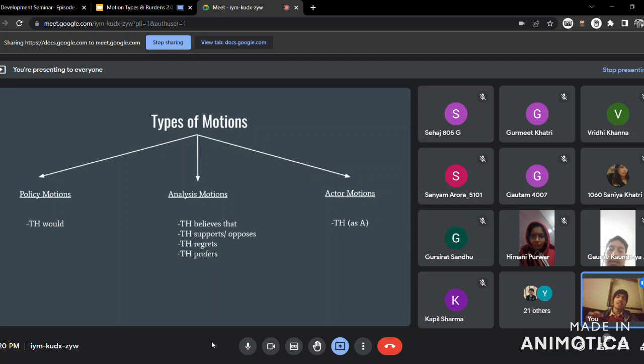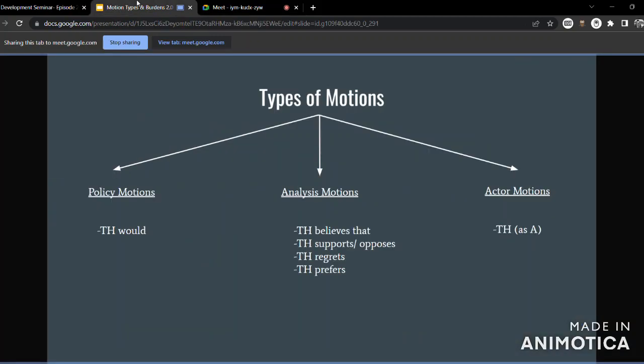Or as a country also, like this house as the US would invade Zimbabwe, or any kind of motion, right? So in these motions you don't debate from a neutral perspective, you debate as if you are that entity. So if the motion is this house as A will do X, you debate from the perspective of this actor A, what are its interests and what would be good for them and things like that. We'll get into all of these in detail from now on, in the further slides, but this was just an overview of the broad types of motions.